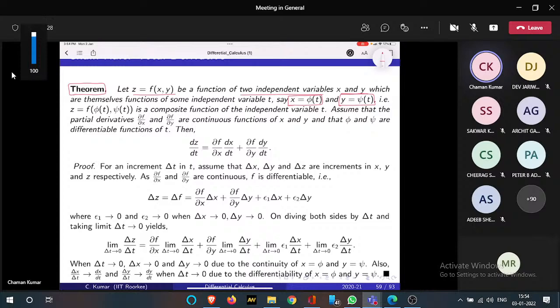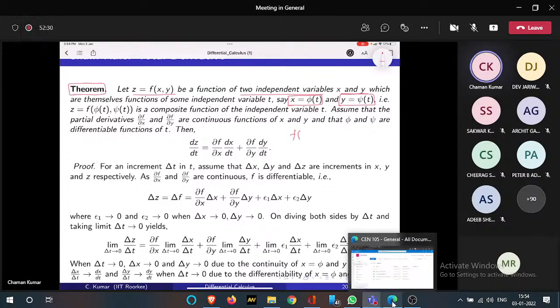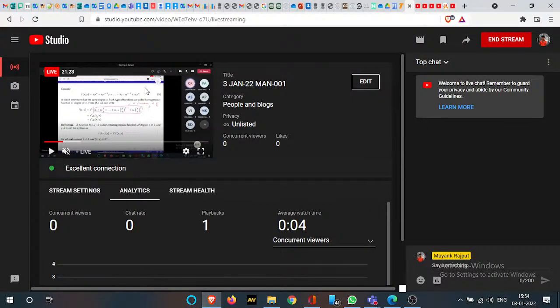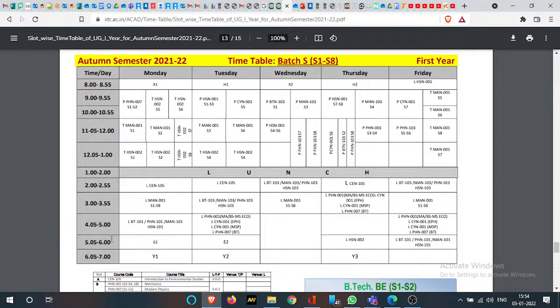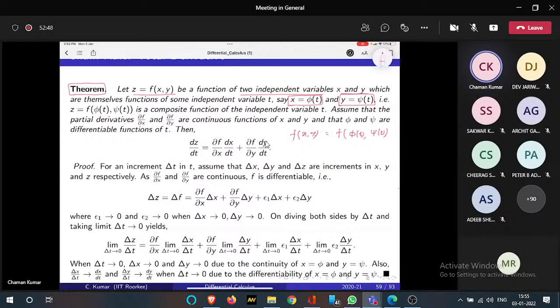Then f(x, y) can be written as f of phi(t) and xi(t). So this is now a function of t, and denote this by z.